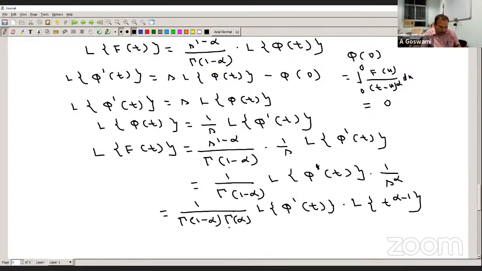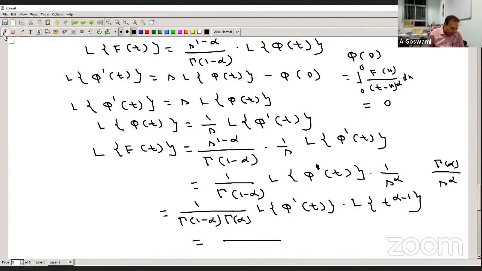Because I have added here gamma(alpha), this term effectively becomes gamma(alpha) by s to the power alpha, which is nothing but the Laplace transform of this. Also we know that gamma(alpha) into gamma(1 minus alpha) equals pi by sine pi alpha.